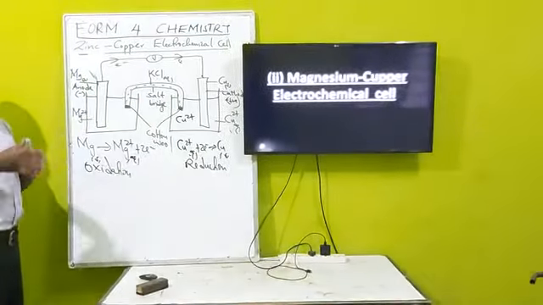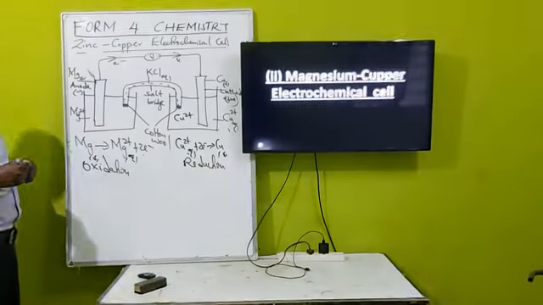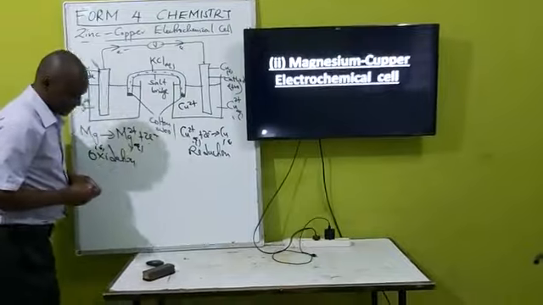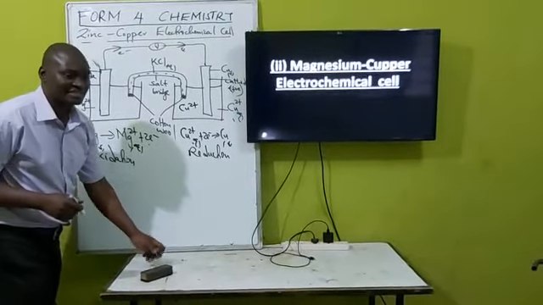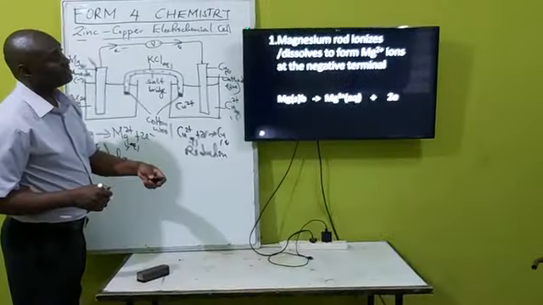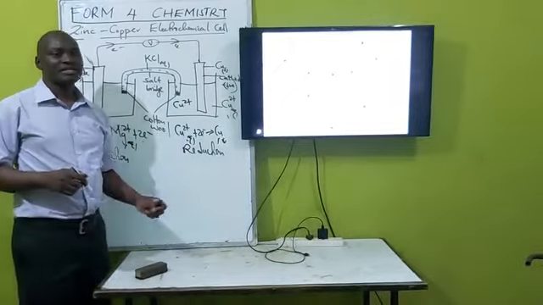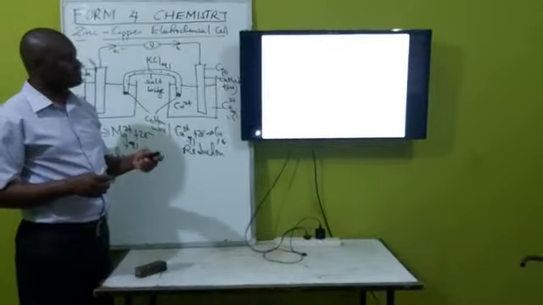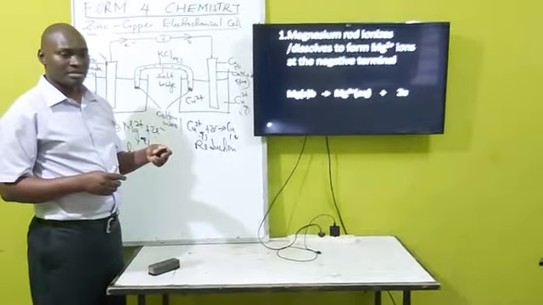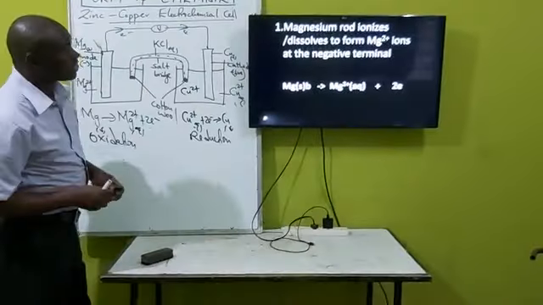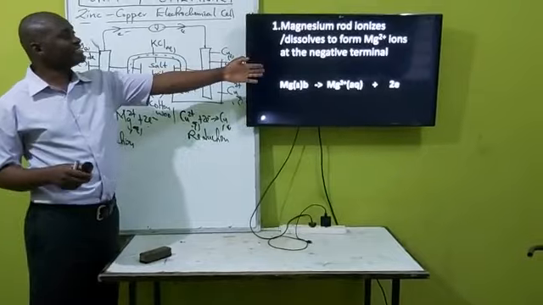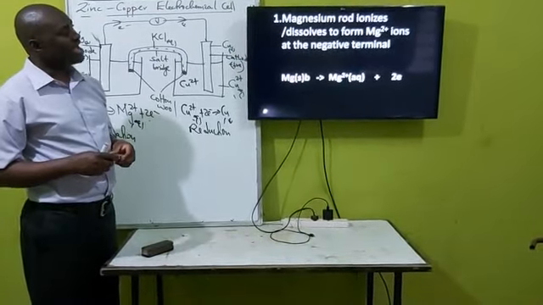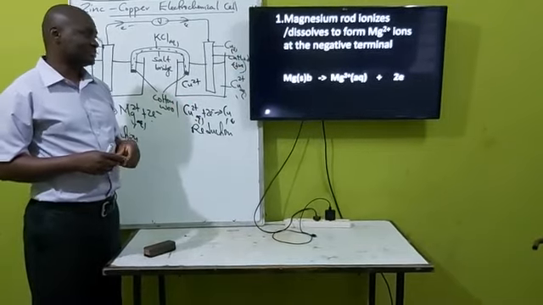We can combine the two half cells. So if we combine the two half cells, that is the diagram that we have. So we have said the magnesium rod ionizes, dissolving to form magnesium ions at the negative terminal.